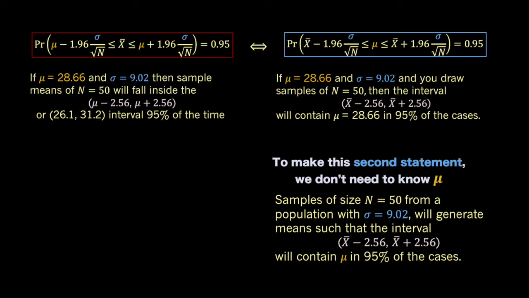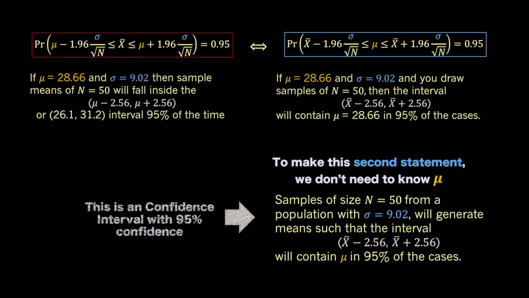Samples of size n equal 50 from a population with sigma 9.02 will generate means such that the interval x bar minus 2.56 to x bar plus 2.56 will contain mu in 95% of the cases. And this, ladies and gentlemen, is a confidence interval with 95% confidence.